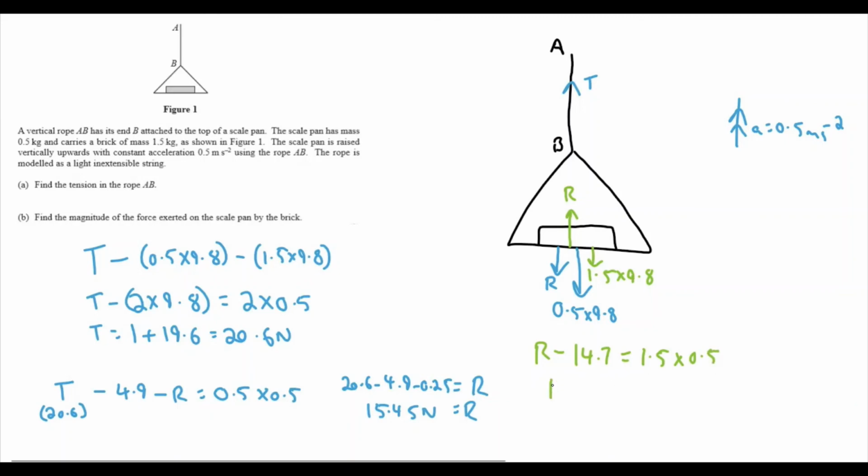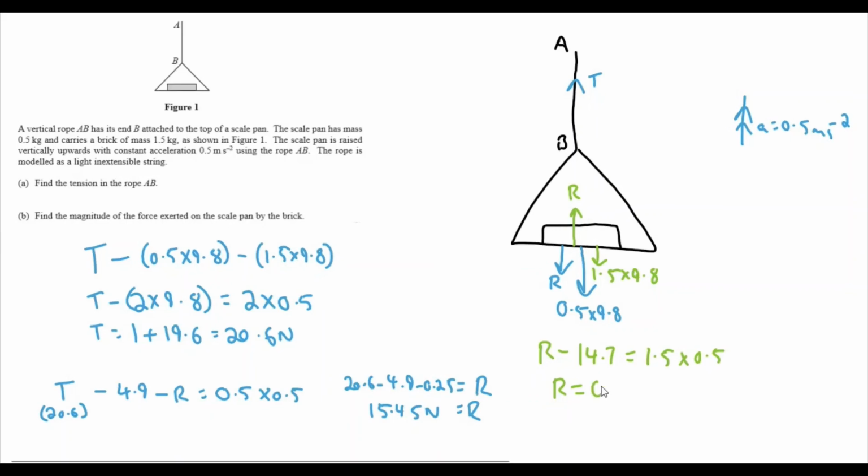So you end up with R equals 0.75 add the 14.7, which again gets you 15.45 newtons.